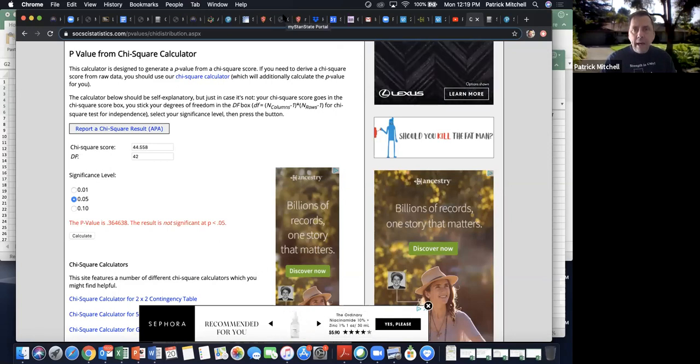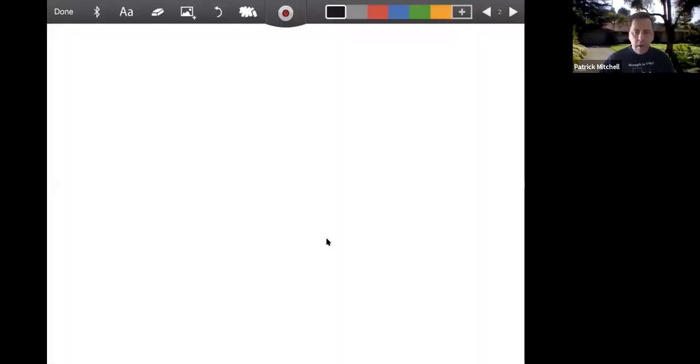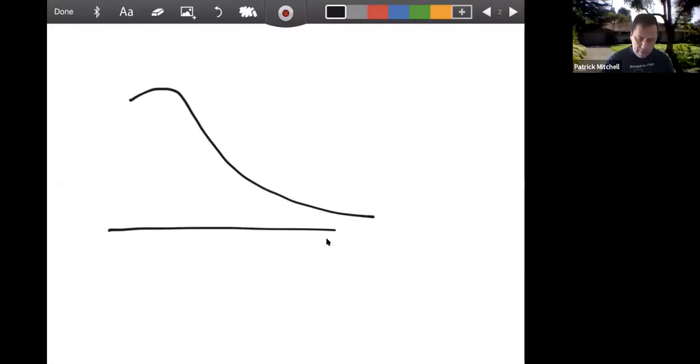Switching back to my tablet. Okay, so remember that a chi-square curve looks something like this. It's not symmetrical. That's what makes two-tailed tests kind of a pain.